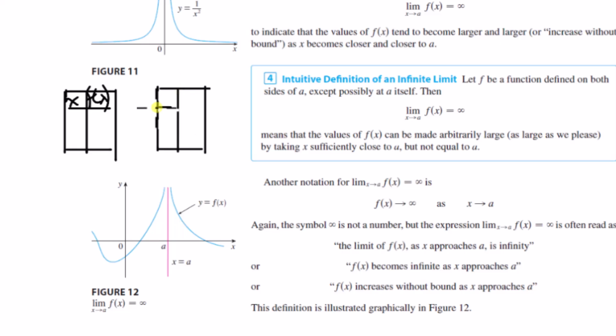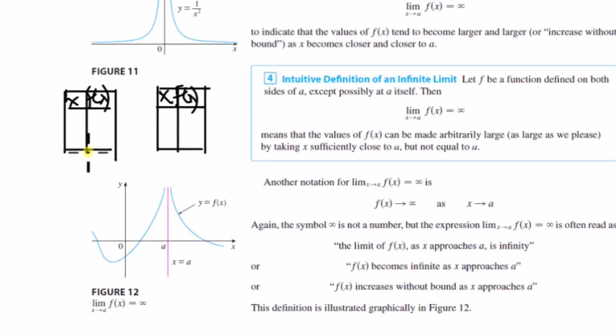In both cases, we can plug in values of x to trillions of decimal places, quintillions of decimal places, just below a and just above a. And as we get closer and closer to a, the function output is getting larger and larger in positive magnitude for both cases here.